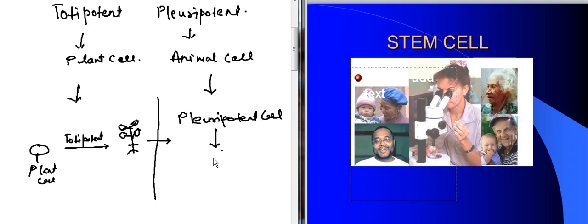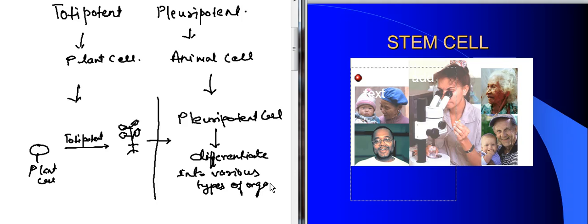which has a tendency to get differentiated into various types of organs, for example the digestive system, excretory system, then we have the reproductive system and all that.